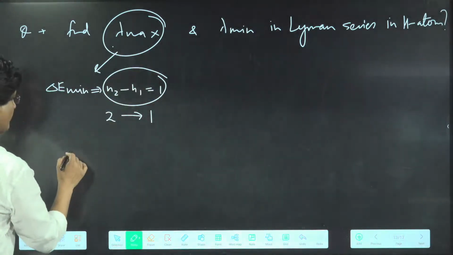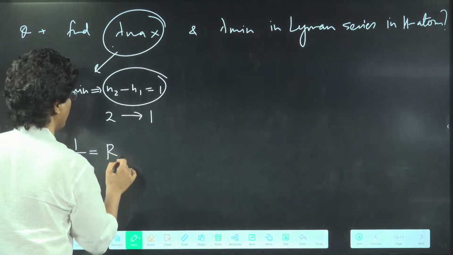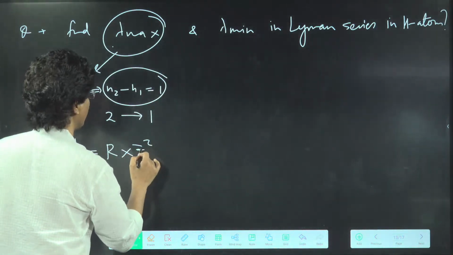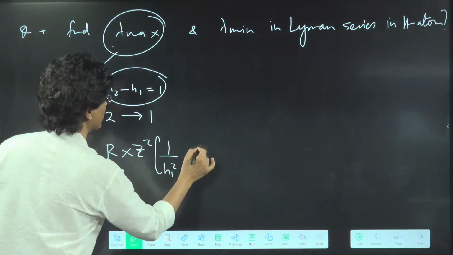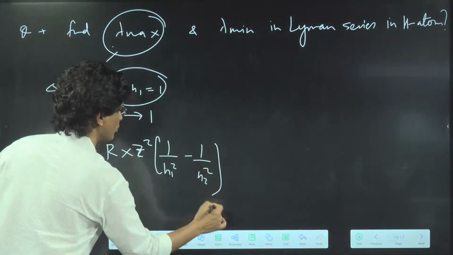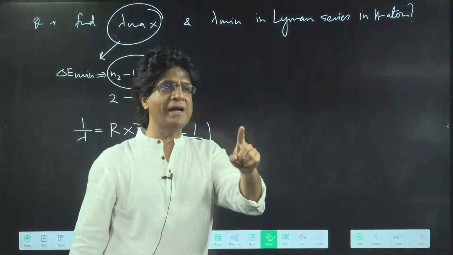Now, I know that 1 upon lambda is equal to RZ square into 1 upon N1 square minus 1 upon N2 square. Z is 1 for hydrogen atom.